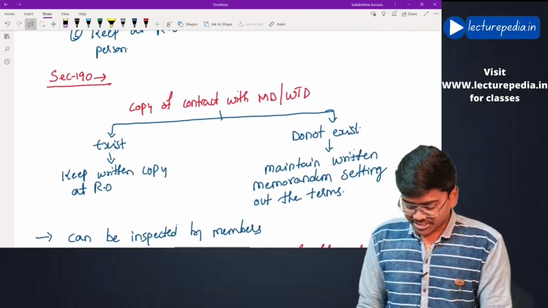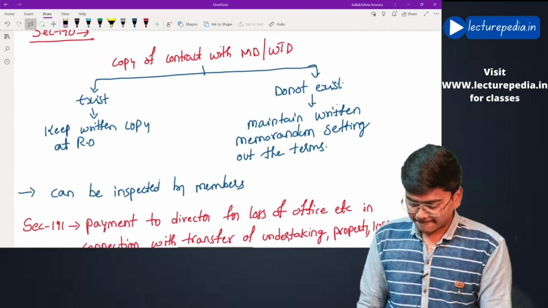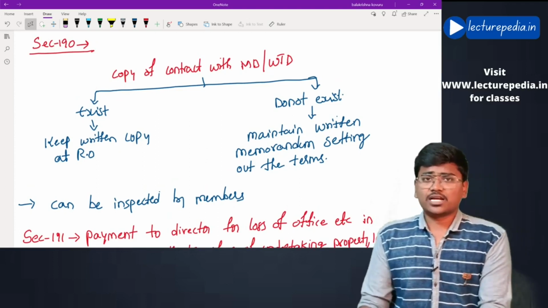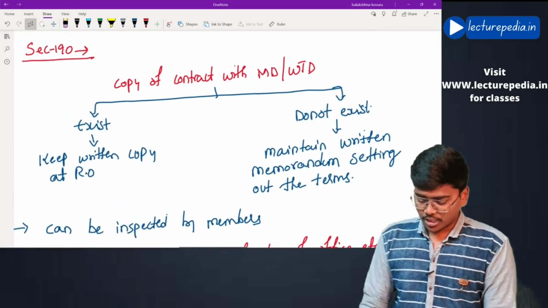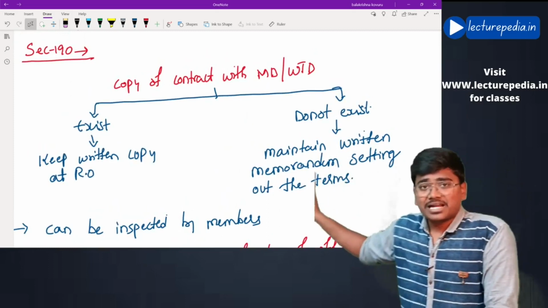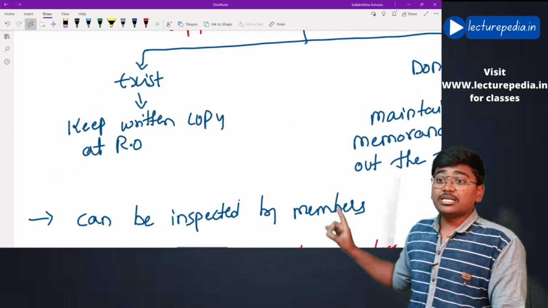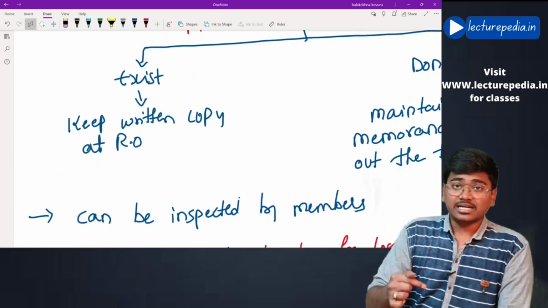Next, section number 190, which deals with contract of employment with managing director or whole-time director. Now, if a copy of the contract with the managing director or whole-time director exists, then keep a written copy of such contract at the registered office.